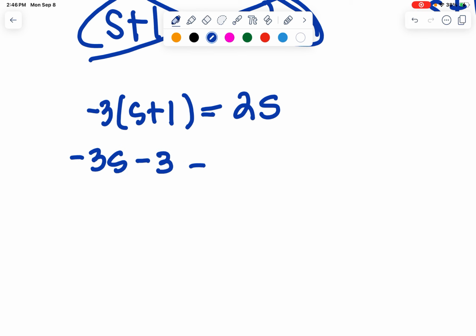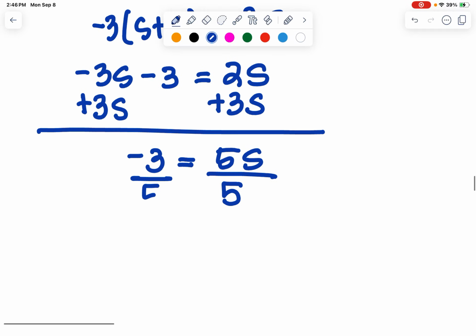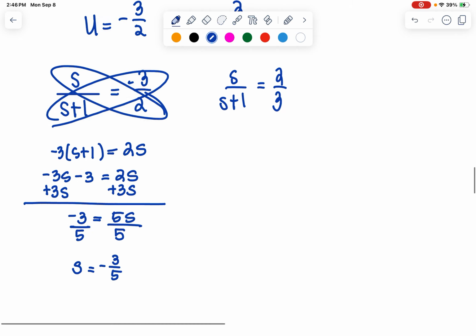Negative 3s minus 3 is equal to 2s. I'm going to add 3s to both sides. I got negative 3 is equal to 5s, and then divide both sides by 5. Ooh, a 5s. Isn't that pretty? All right, s is equal to negative 3/5. That's our first answer. And then now we can go ahead and do the second one.